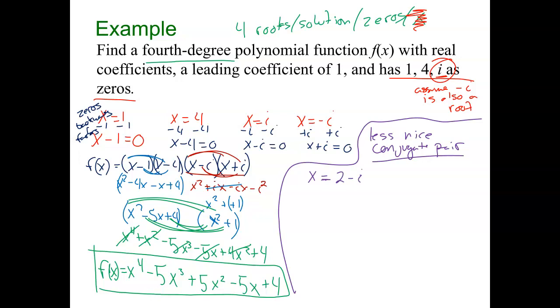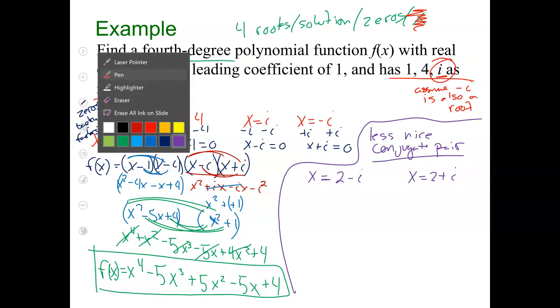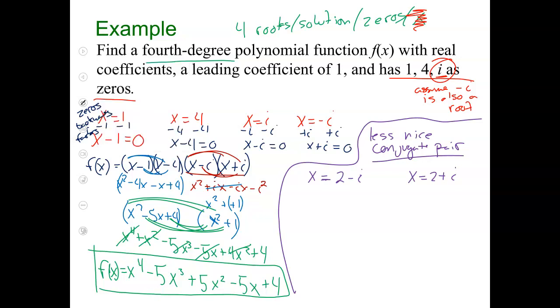What's the conjugate pair for 2 minus i? 2 plus i. Just change that sign in the middle. So there's my zeros. Let's work backwards to get the factors.